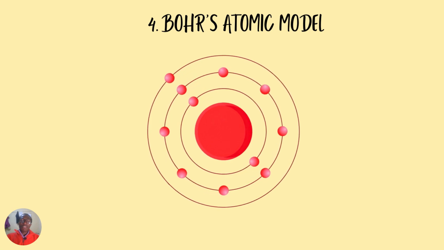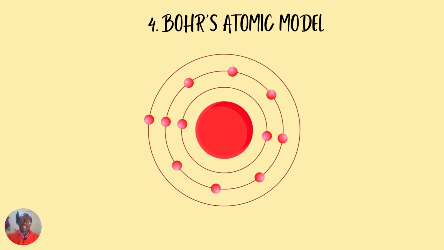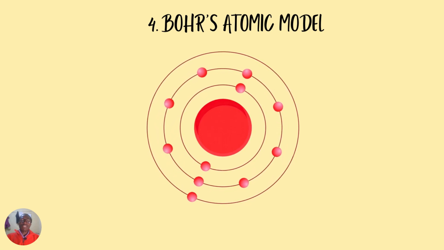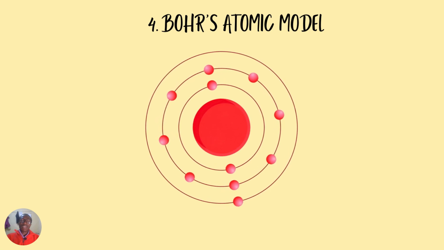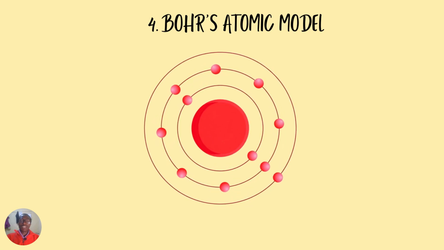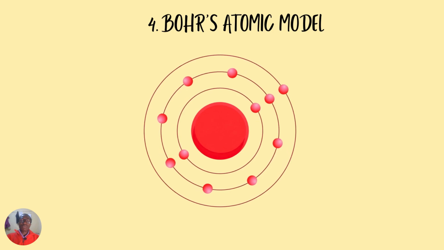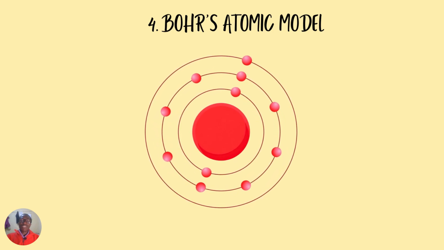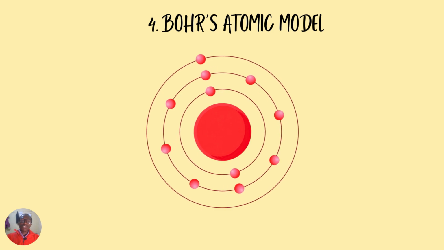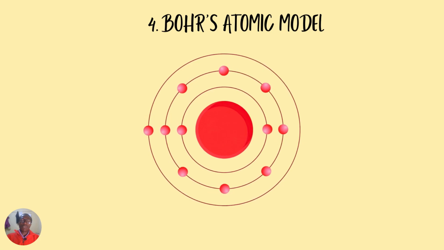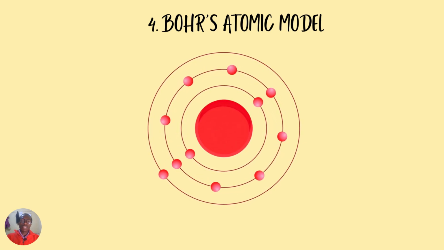After Bohr's model, there was need also to improve on it and explain further the spectral lines that were produced by complex atoms like this one, oxygen. The one that replaced the Bohr model was called the quantum mechanical model.